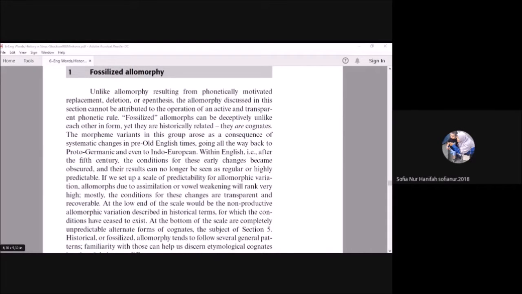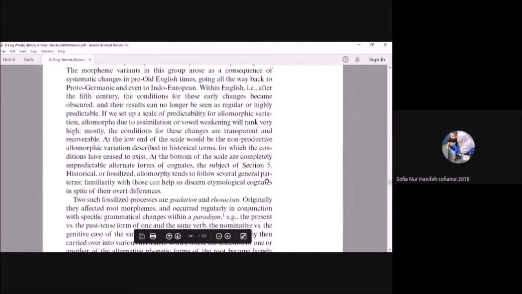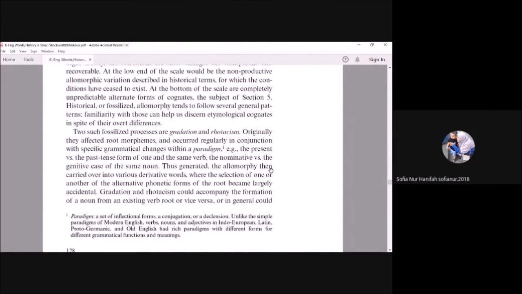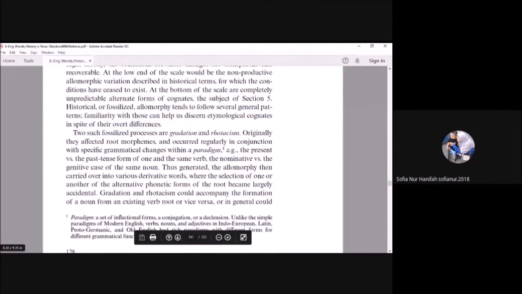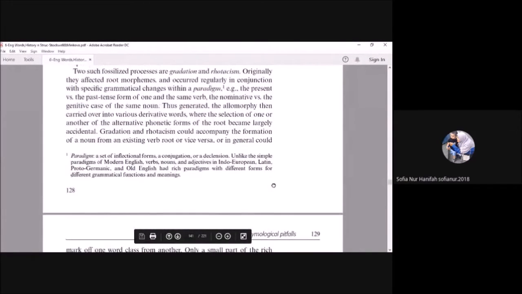I think fossilized allomorphy is one of the English topics in our program that we have to study more deeply. The fossilized processes are also gradation and rhotacism. That's all, I think.